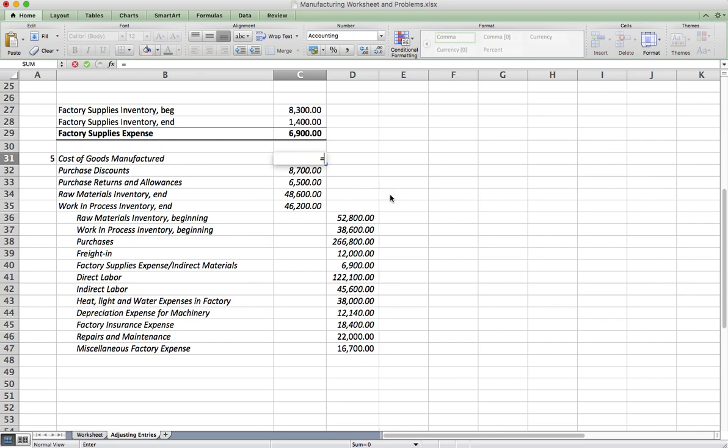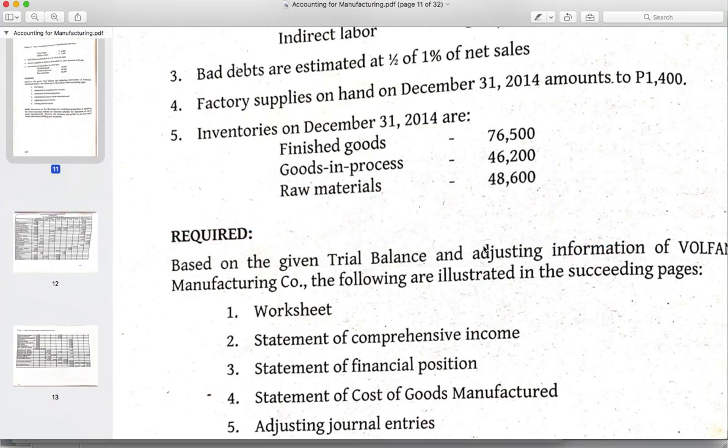So, mauna tayo dito sa credit balance. Sum of the credit balances less sum of the debit balances. How much is the cost of goods manufactured? 542,040. Check nga natin kung tama.